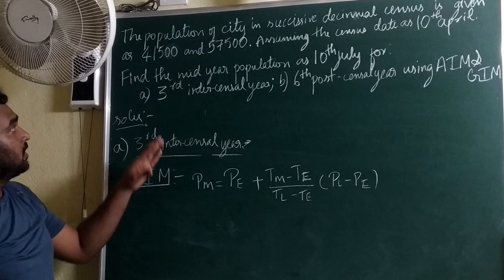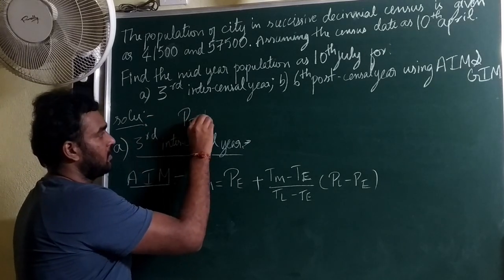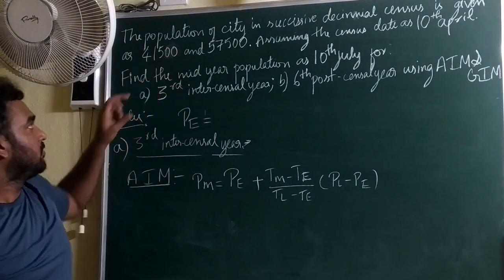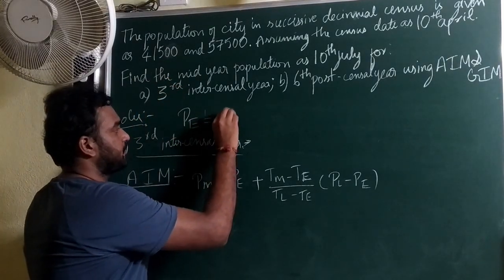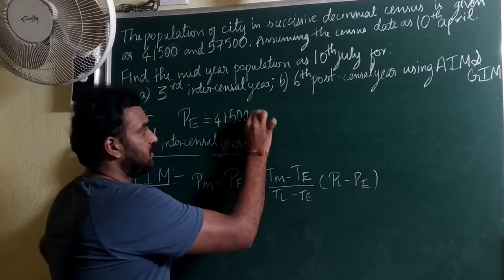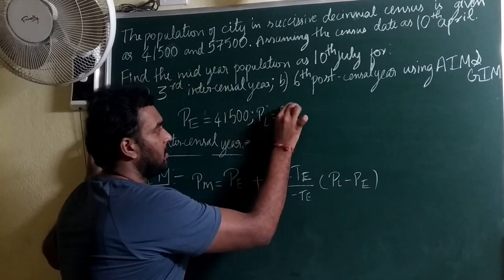In this, what is PE? PE is the earlier known census data, that is 41,500. And what is PL? The last known census data will be 57,500.